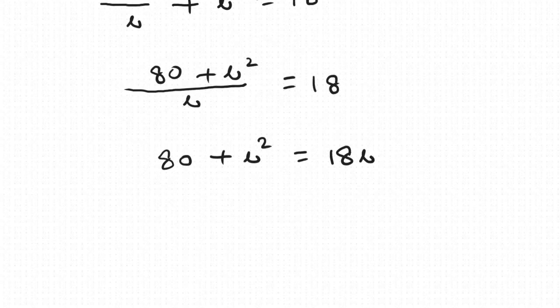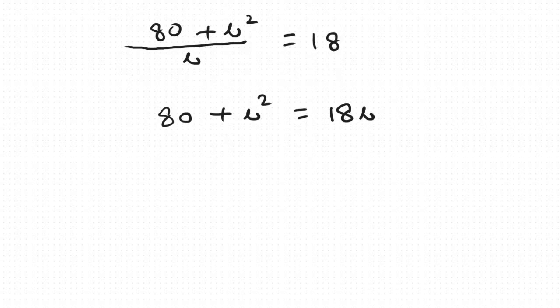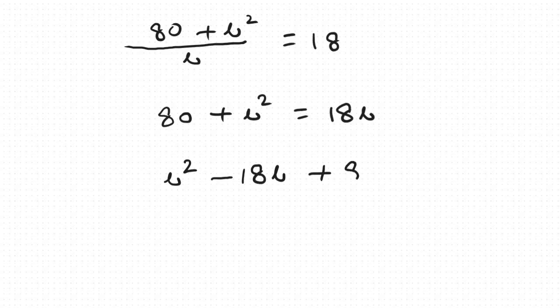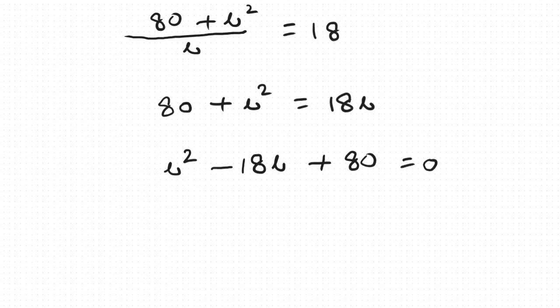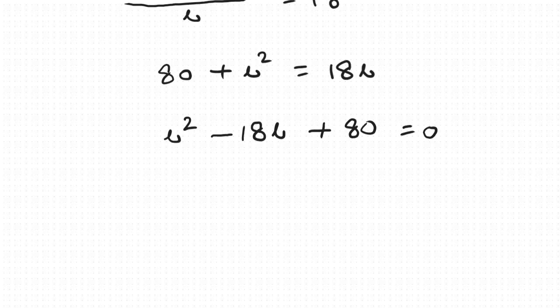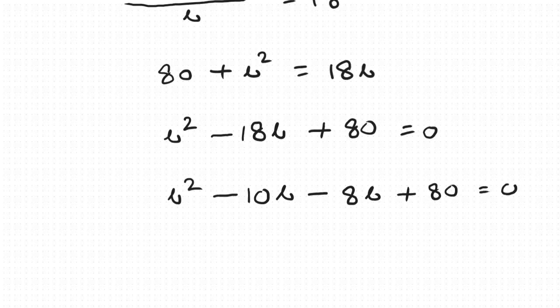We can take 18B on the left side of the equation and we can write B square minus 18B plus 80 equals 0. Then we can write B square minus 10B minus 8B plus 80 equals 0.